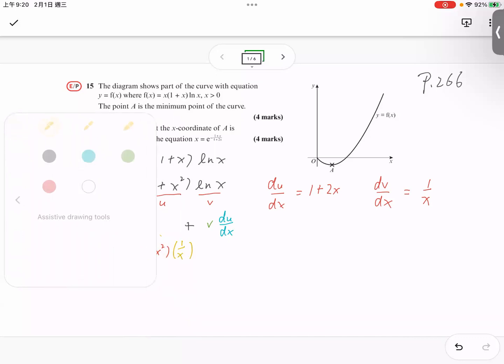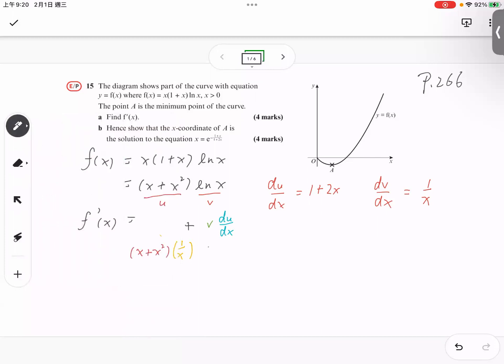Next, we add v. v is ln x, so we write down ln x once again. And du/dx is 1 plus 2x, so I will change it to 1 plus 2x. So we have finished it by the product rule. Then we simplify it.